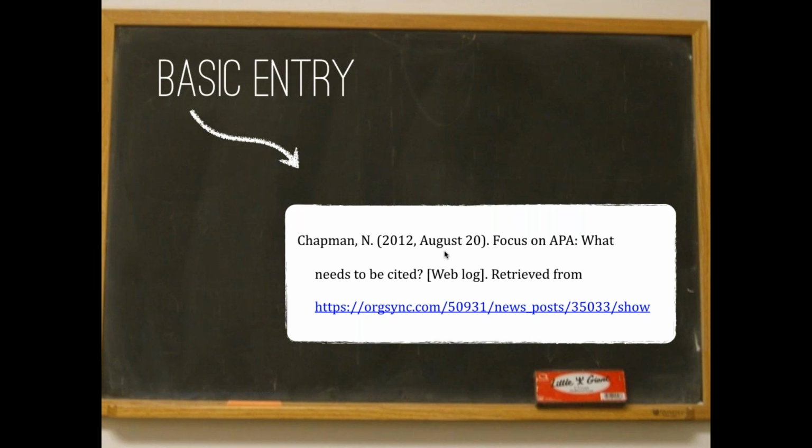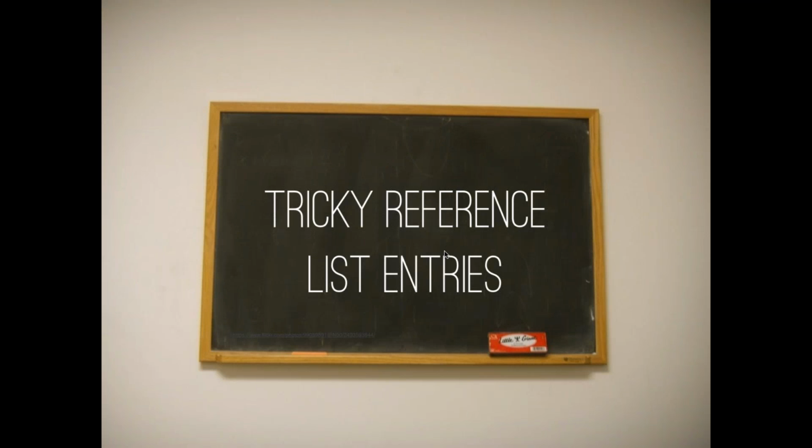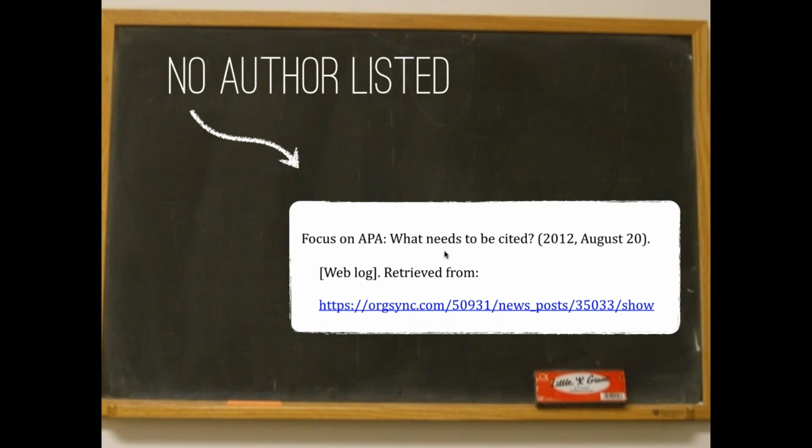All right. So that's the basic reference entry. Now we're going to talk about the tricky ones, again, when we don't know the author's name or the date of publication. Okay, so for this example, we're going to pretend that we don't have an author listed.